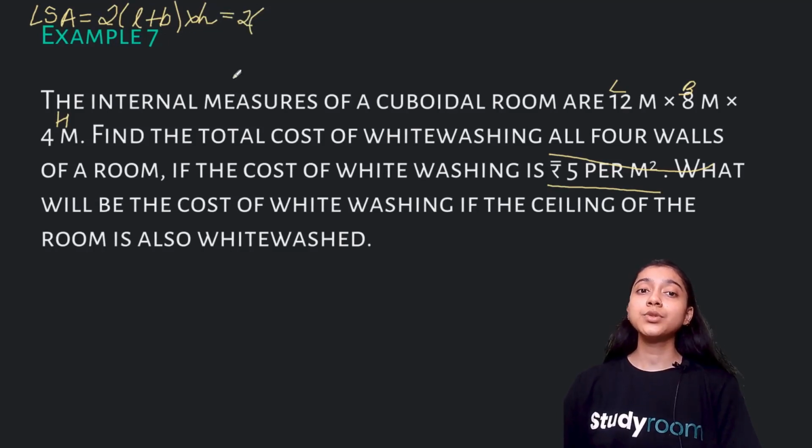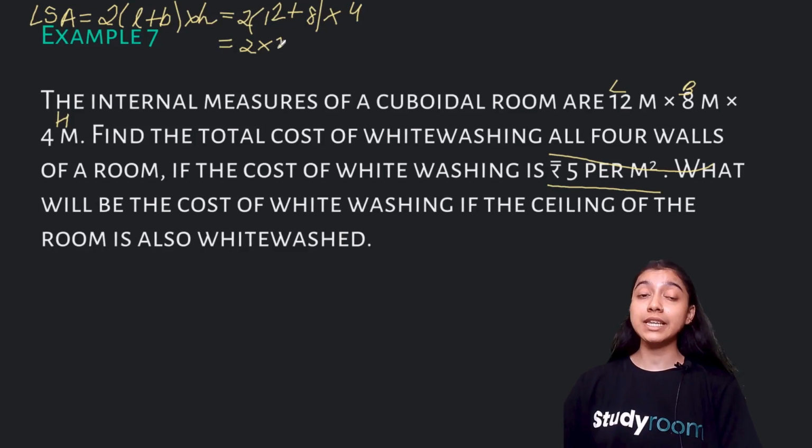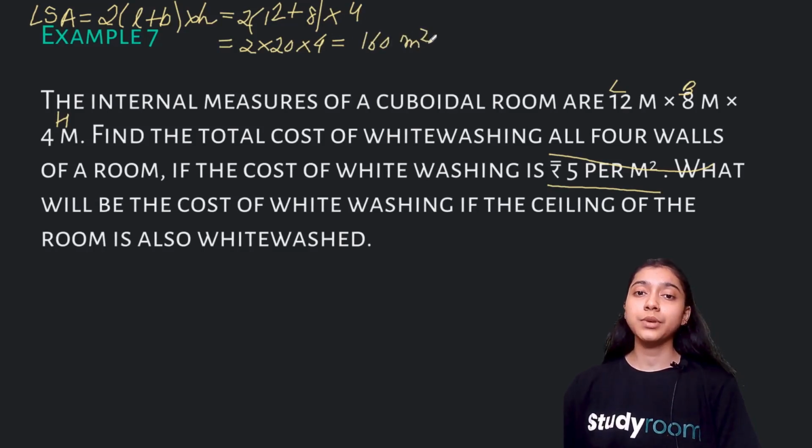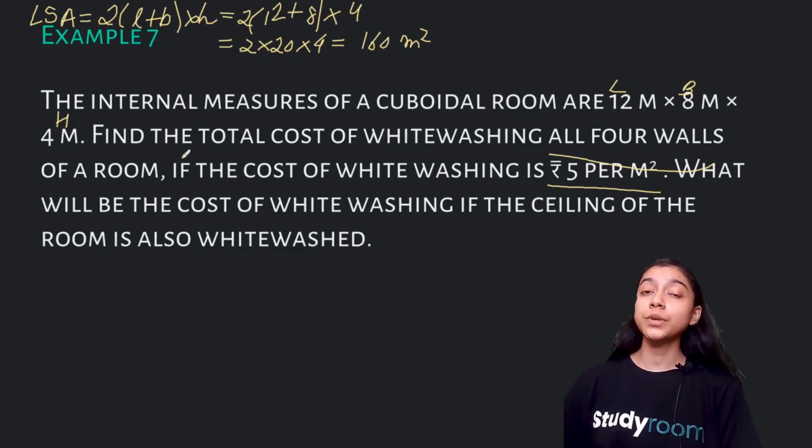So we'll have 2 times length, which is 12 meters, plus breadth, which is 8 meters, multiplied with the height that is 4 meters. So we have 2 multiplied with 12 plus 8 gives us 20, multiplied with 4, which ultimately gives us 160 meters square. So this is the area of the 4 walls that needs to be whitewashed.